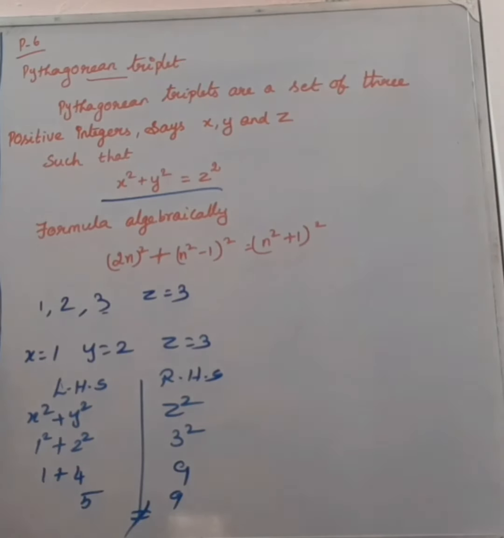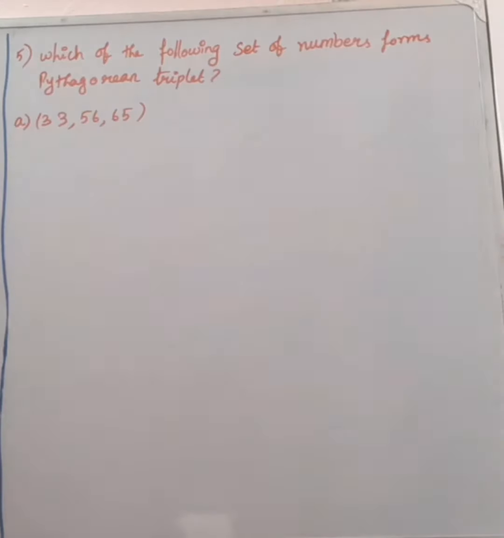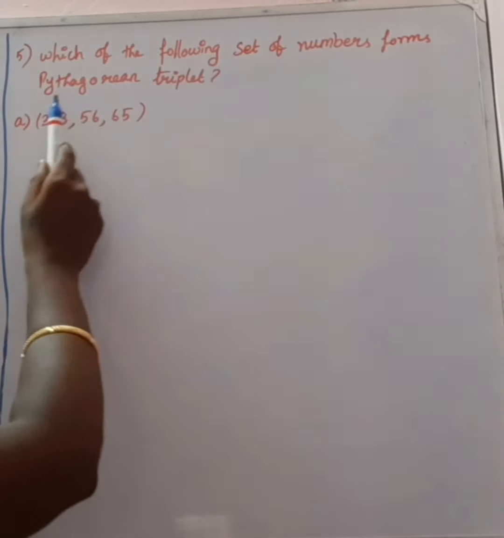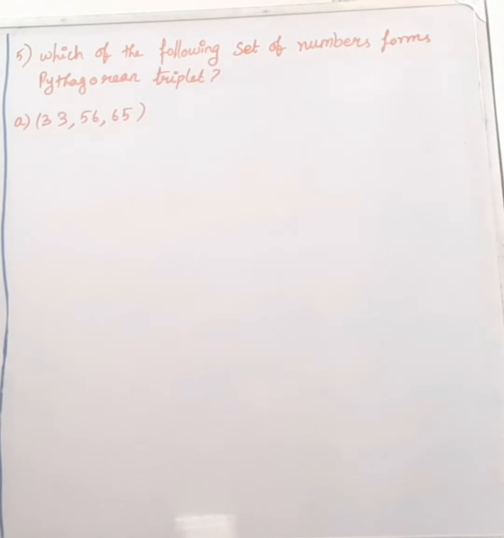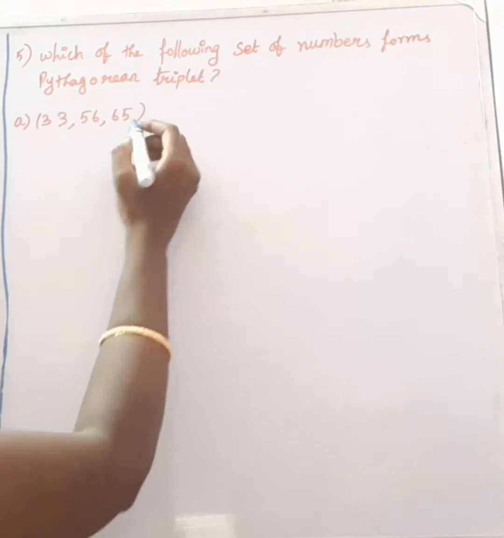Okay. So let us move on to the next sum. The next one. Which of the following set of numbers form a Pythagorean triplet? Okay, already we saw the formula. What is the Pythagorean triplet formula, Kana?